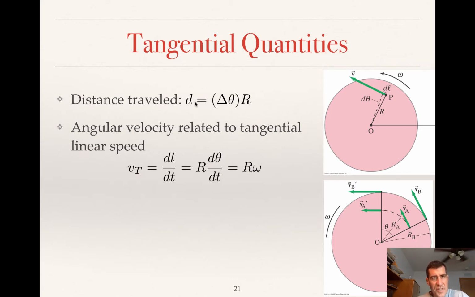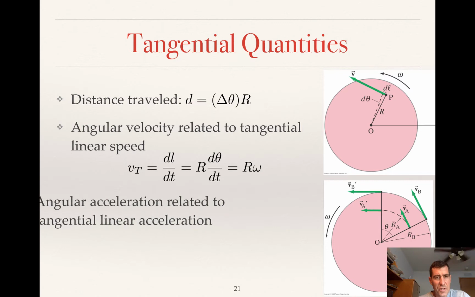I called it distance traveled D up here, but I'm using L since that's what they use in the book, in the image here, this dL. So you take the time derivative of delta theta times r, that's just d theta dt times the radius r. D theta dt, remember, is the definition of our instantaneous angular speed. So the tangential speed v sub t is the radius times the angular speed omega.